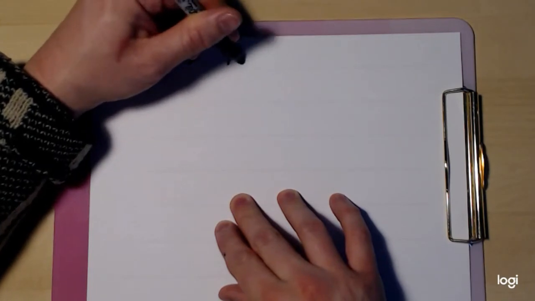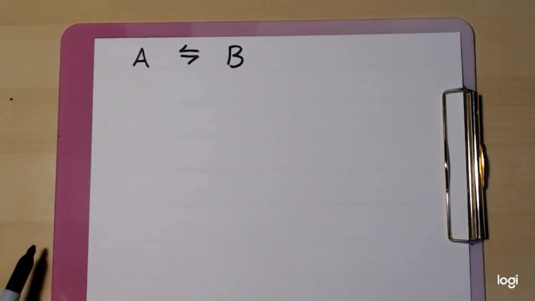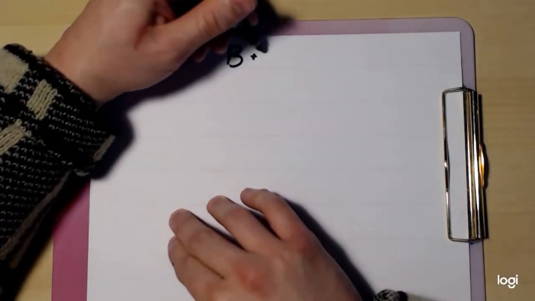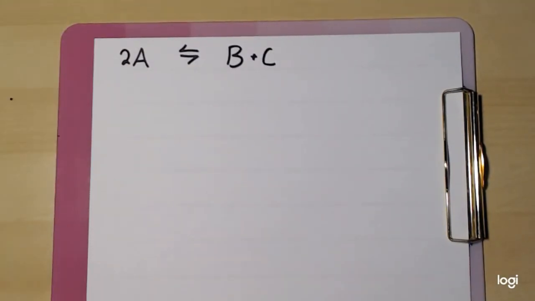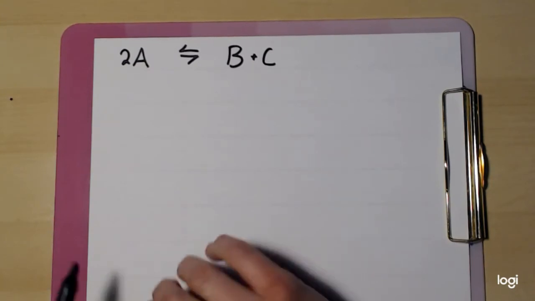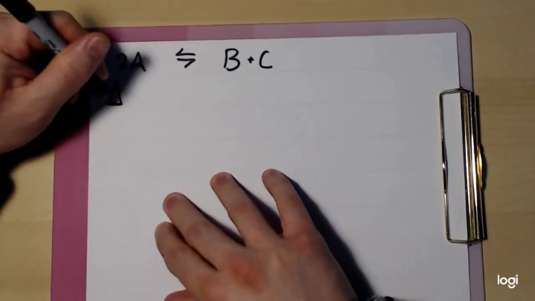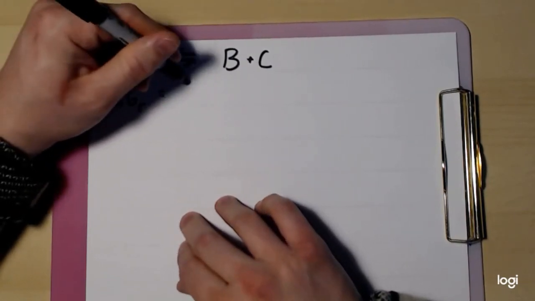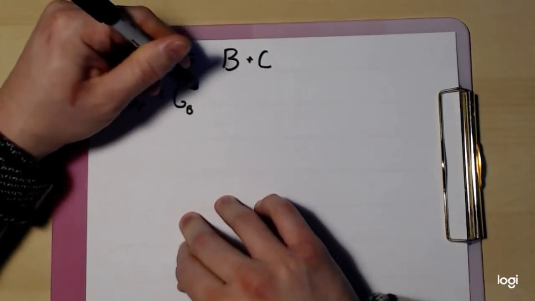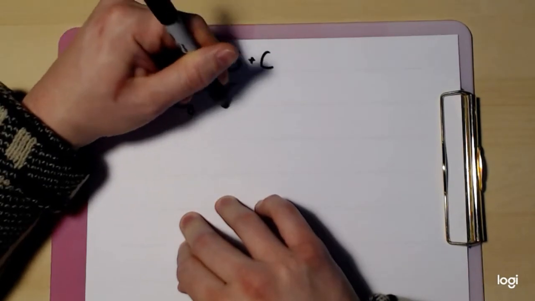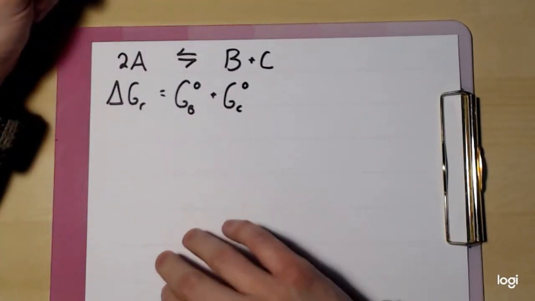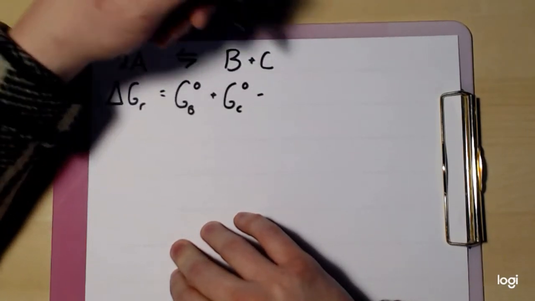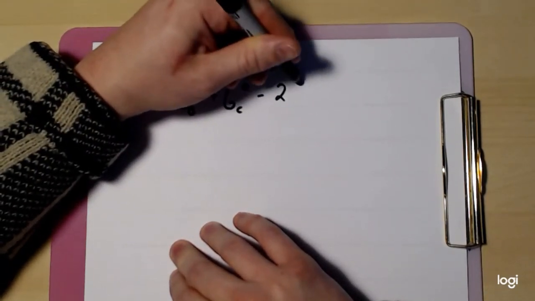Let's say, previously we had A yields B. Let's spice things up by saying now 2A yields B plus C. Let's calculate the non-standard free energy of reaction for this equation. So again, delta G sub R equals the standard free energies of the products, B plus C, minus the standard free energies of the reactants.